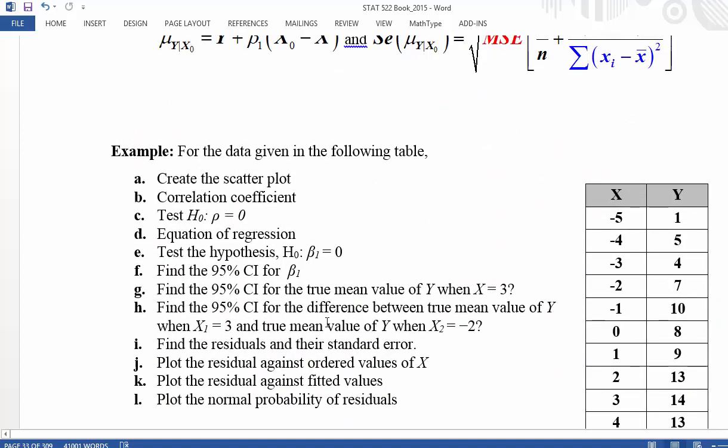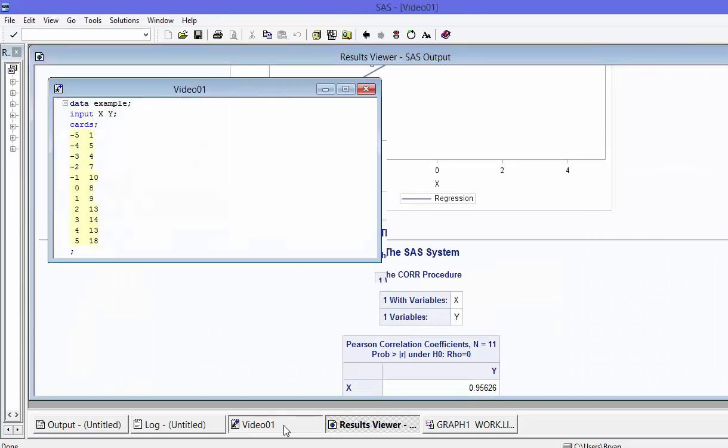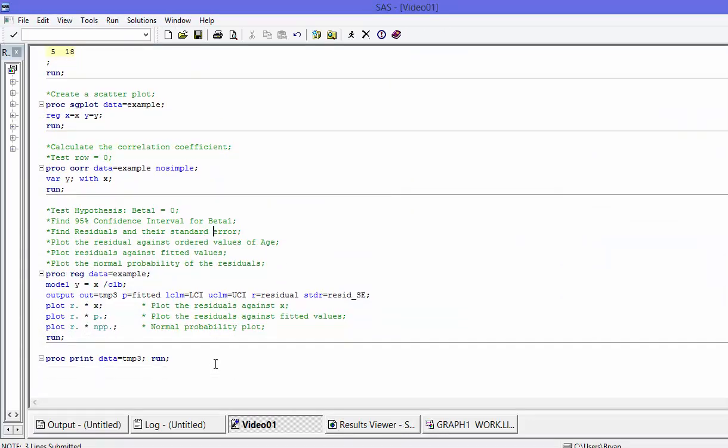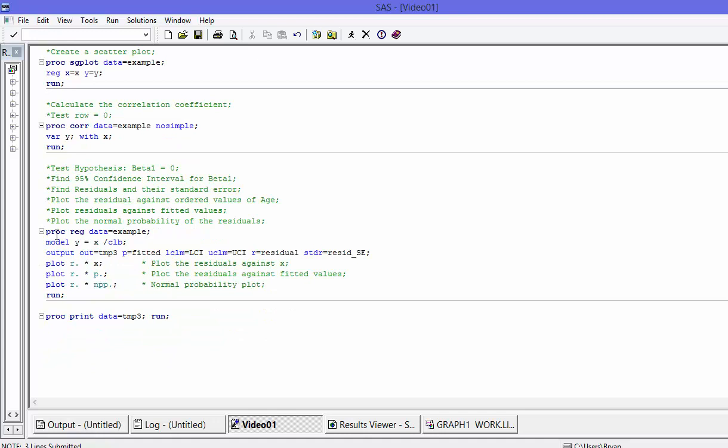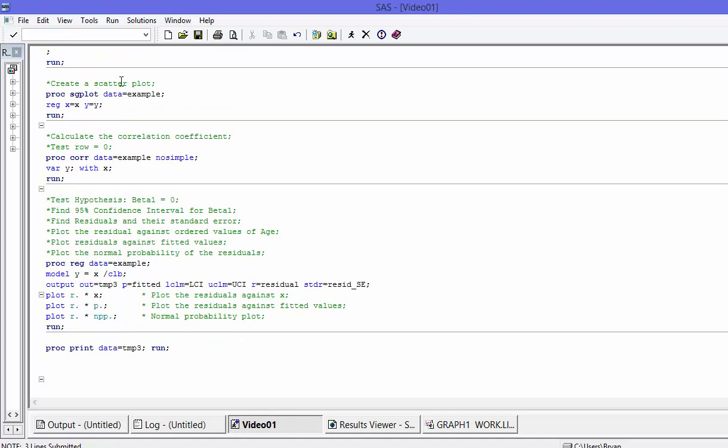Now the next part, we want to find the equation of regression. In the SAS code, we're going to go ahead and tackle several of these parts. So let's go over to SAS and the code. We're going to use proc reg. Data is example, that's where our data is stored.